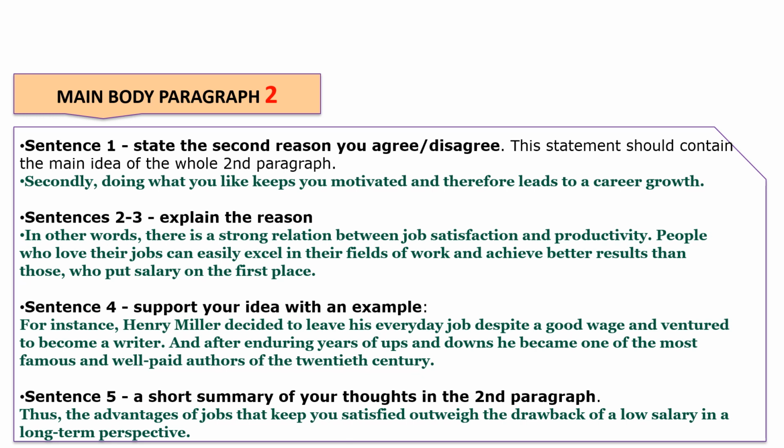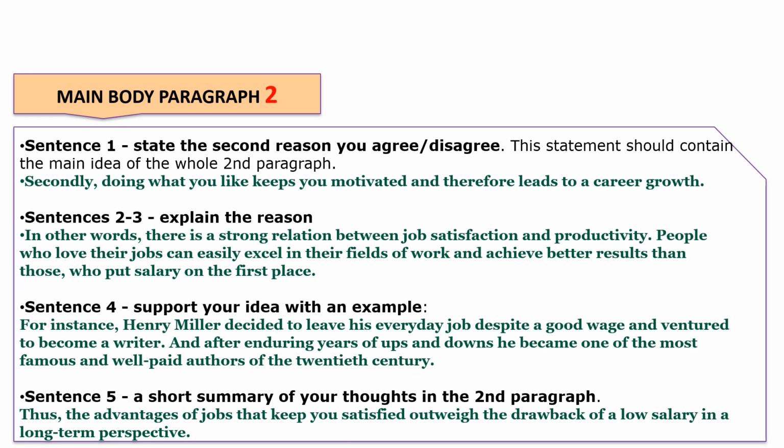Here a particular, specific example is given of Henry Miller, who decided to leave his everyday job despite a good wage and venture to become a writer. He had a job with a very good salary, but he left the job and became a writer because becoming a writer was something he enjoyed. So he did that.